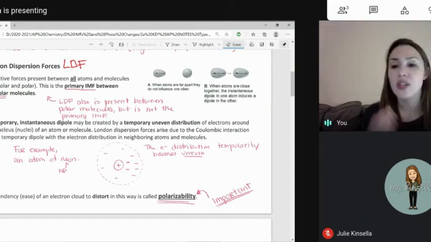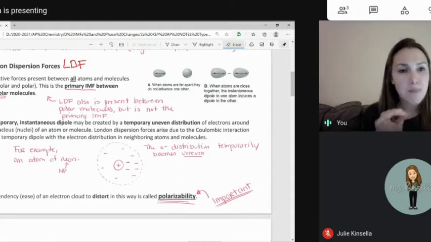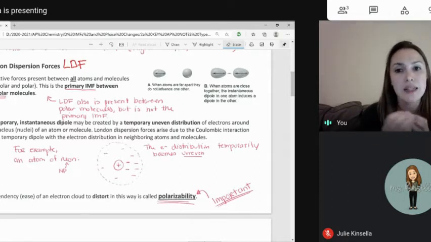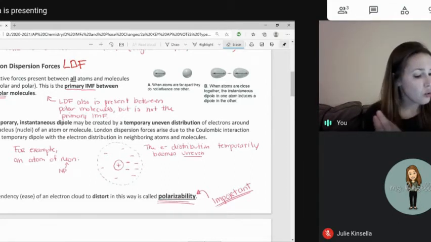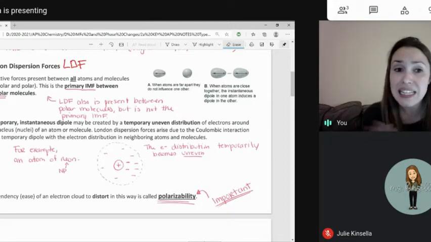All right, so what are these London dispersion forces between? Especially we're going to focus on nonpolar molecules. London dispersion forces involve a temporary instantaneous dipole that can be created, caused by a temporary uneven distribution of electrons around a nucleus. For example, if we have an atom of neon, which is going to be nonpolar, at any moment in time its electrons may get distributed unevenly around the nucleus.